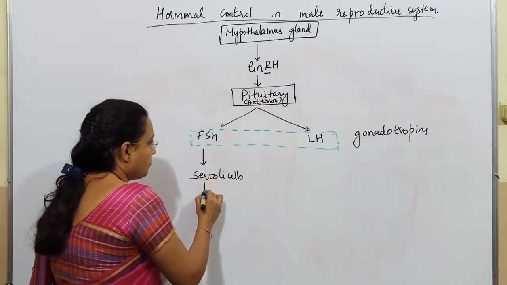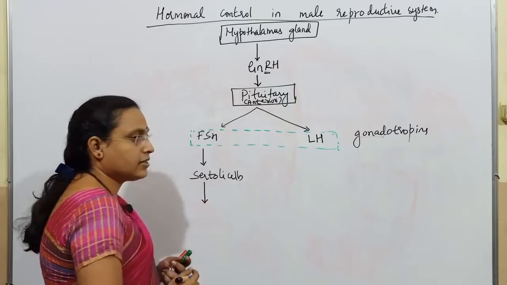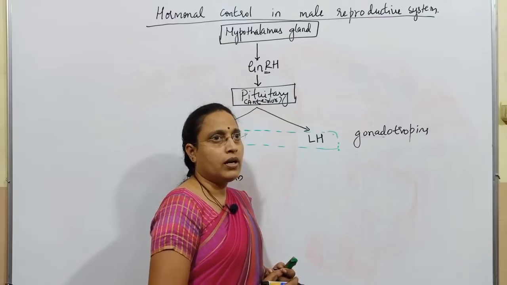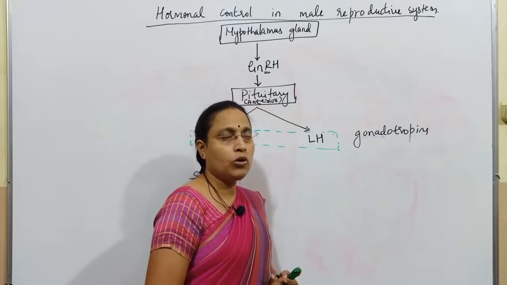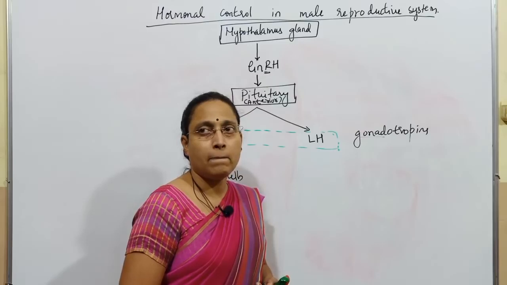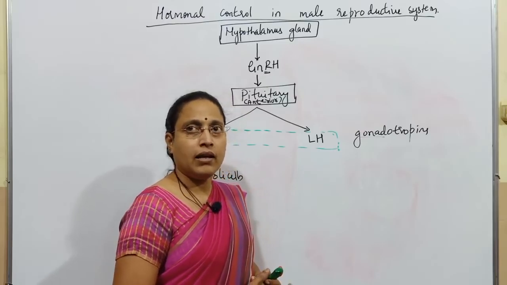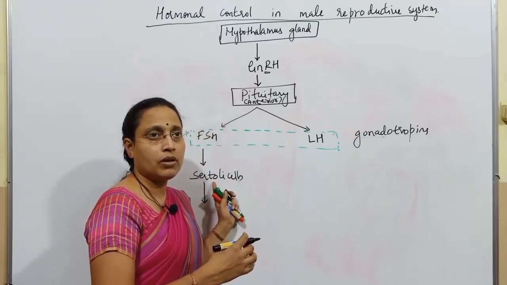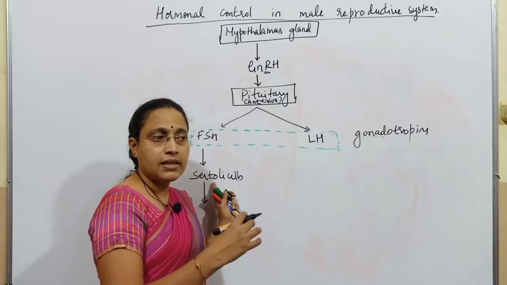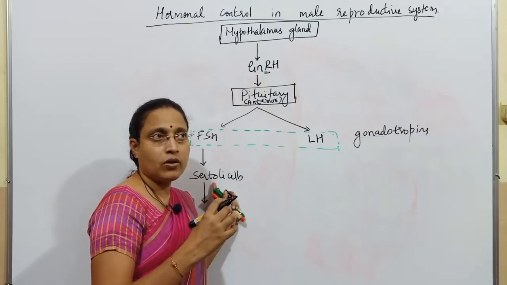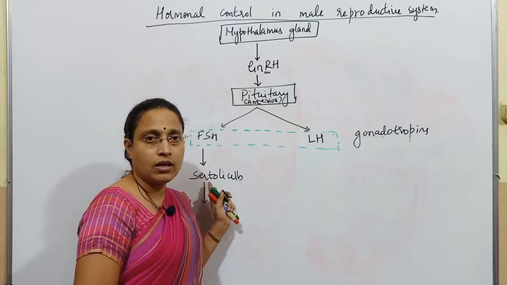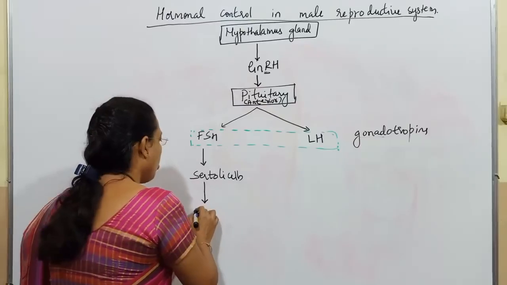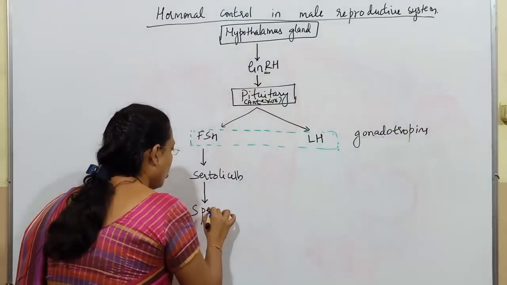So that it will start secreting a hormone called androgen binding protein, and attracts the androgen inside these cells, so that the androgen then passes through these cells and reaches the lumen of the seminiferous tubule. So it helps in concentrating the testosterone in the lumen of seminiferous tubules. And because of that, what occurs is spermatogenesis.